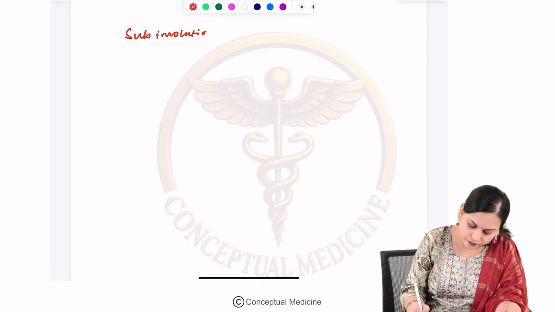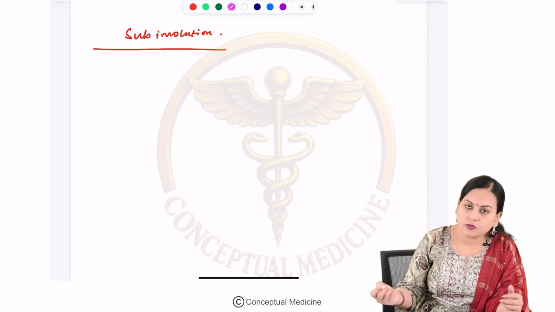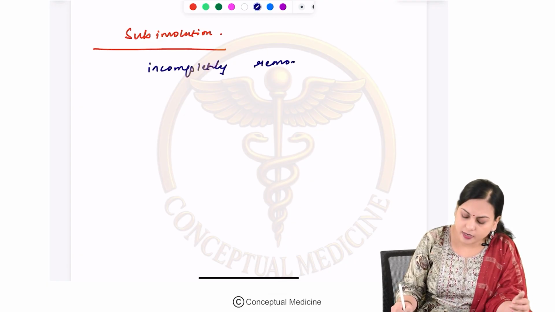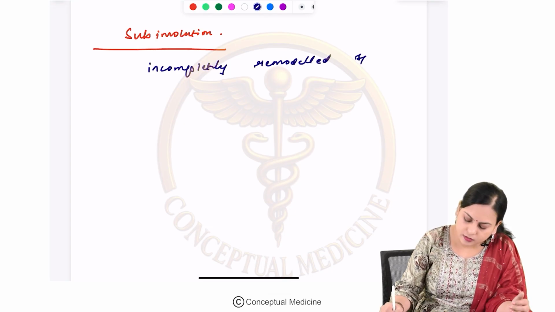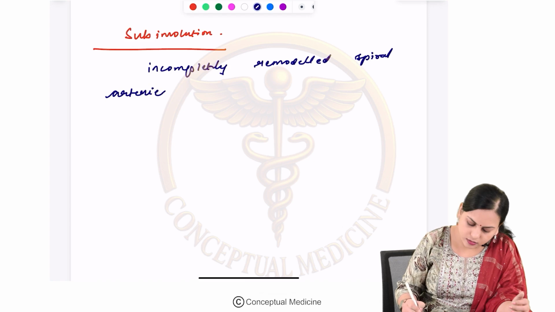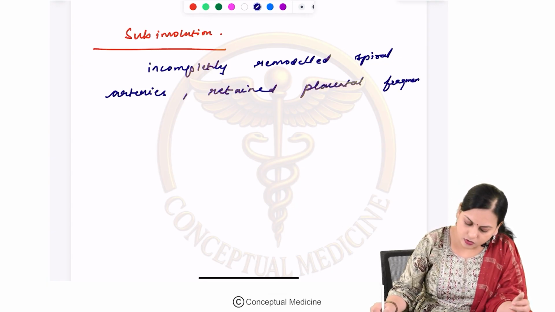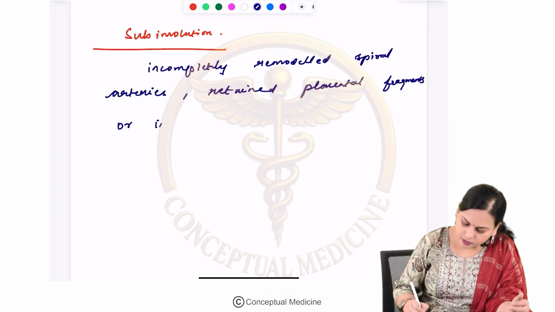Subinvolution can be due to incompletely remodeled spiral arteries, or retained placental fragments, or infection.